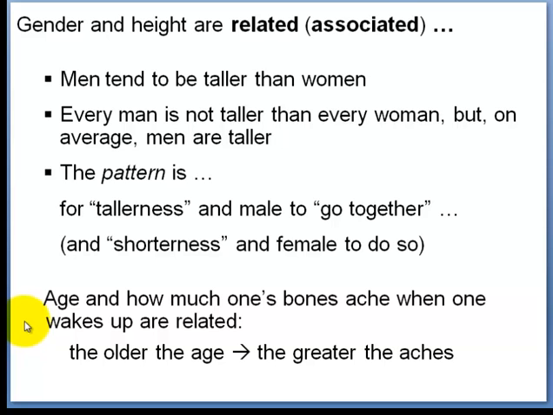In essence, the older the age, the greater the tendency to have aches and pains in one's bones. All older people don't have aches and pains, and all younger ones are not free from aches and pains, but older people are more likely than younger ones to have aches and pains, and so therefore we've got relationship.